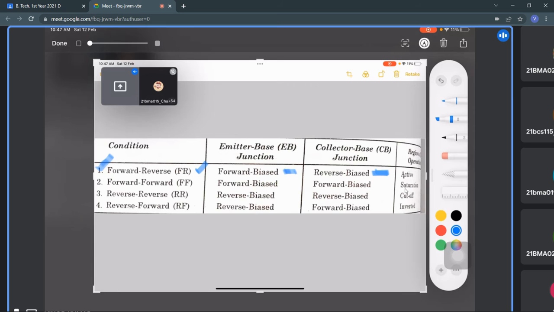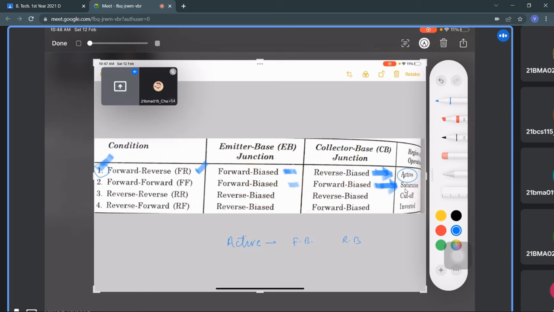Okay, then we can make both of them forward bias. That region of operation is called as saturation. जो हमने डिस्कस किया that is called as active. एक्टिव रीजन ऑफ ऑपरेशन डिस्कस किया. The first one, that one is forward bias, another one is reverse bias.